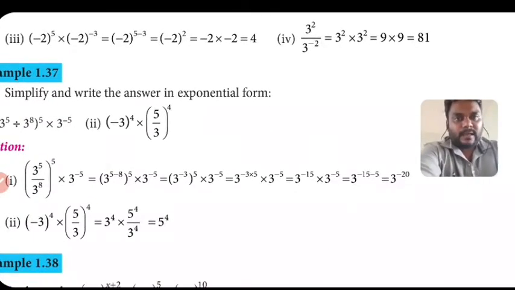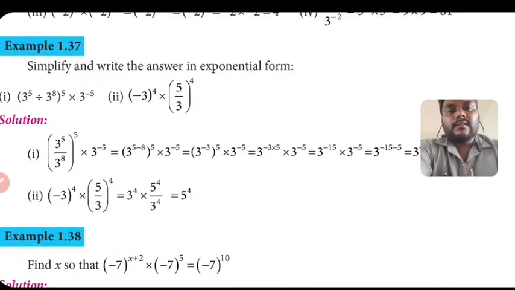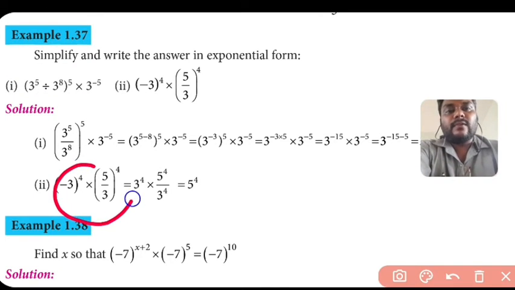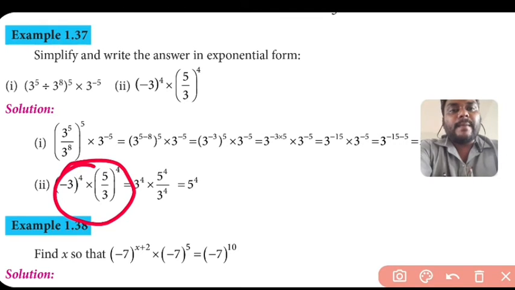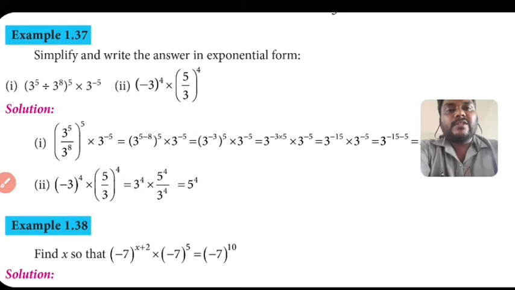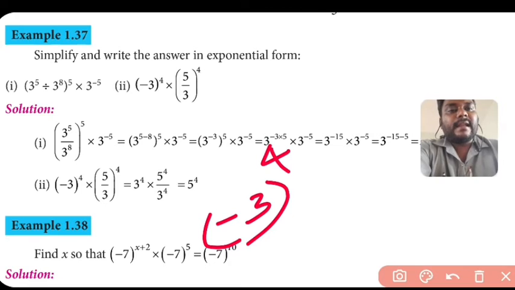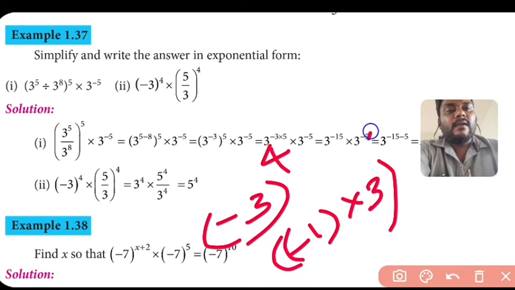Next, the second one: minus 3 power 4 into (5 by 3) whole power 4. Taking the minus out separately, minus 1 into 3, whole power 4.